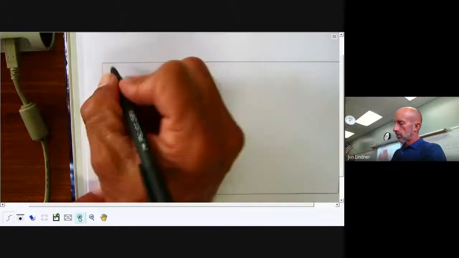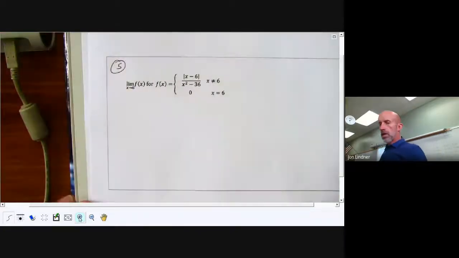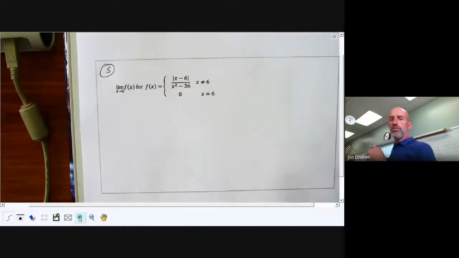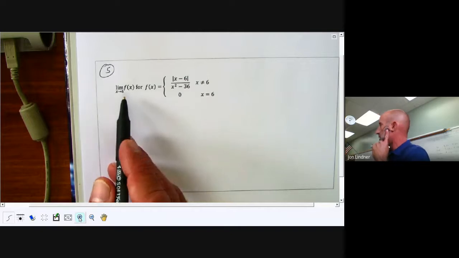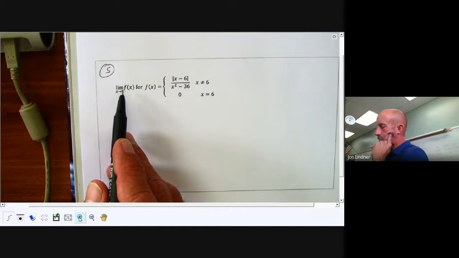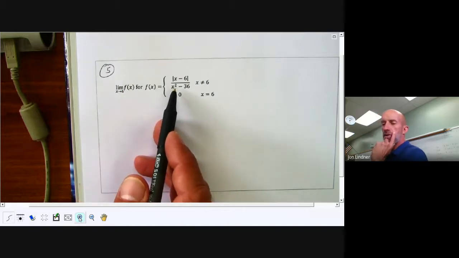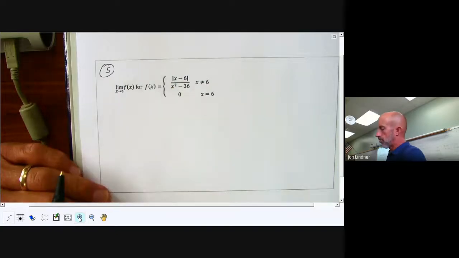Piecewise function. We'll see these. So we're doing the limit as x approaches 6. The limit as x approaches 6, which means if I put in 6, I get a 0 in the denominator, which is a problem.